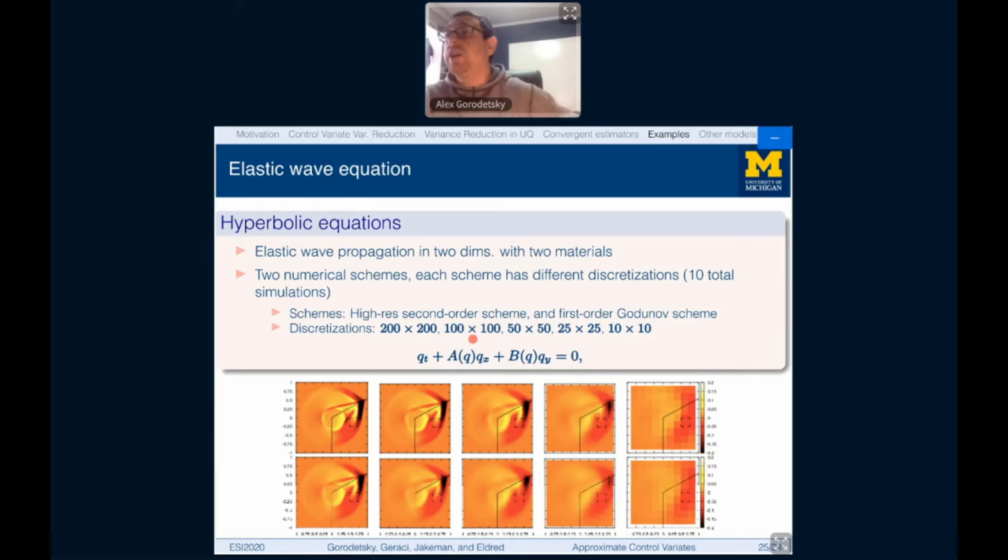And for each scheme, we have multiple discretizations. And so here we have 2 materials, and we have a wave propagating starting from around here, if you can see my cursor, and then propagating to the right. Our quantity of interest is the properties in this block, in this box. And so here we see the solutions for the first order scheme, the second order scheme, and different discretization levels.